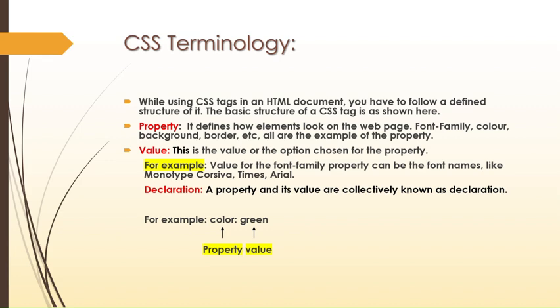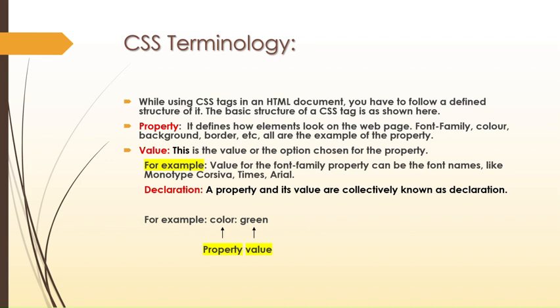This means the value for the property. Like I have chosen the background color: I'll write dodger blue or slate blue. So this dodger blue and slate blue are the values of the property.